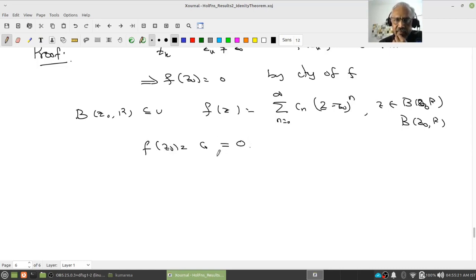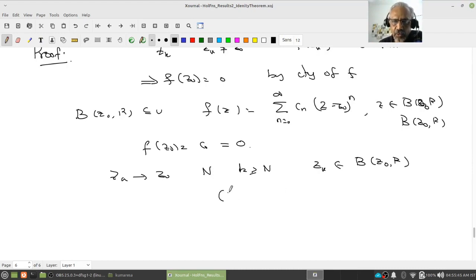0. Right? Okay. But let's forget it. Now let's look at this power series, right? And since zk converges to z0, there is an n such that for k greater than or equal to n, all my zk will lie in B(z0, R).